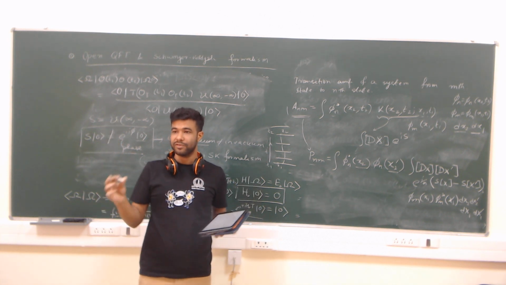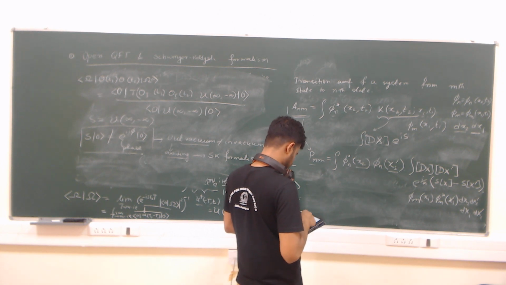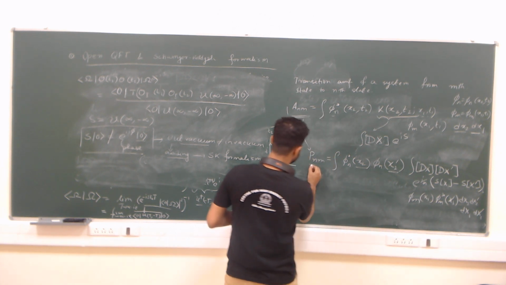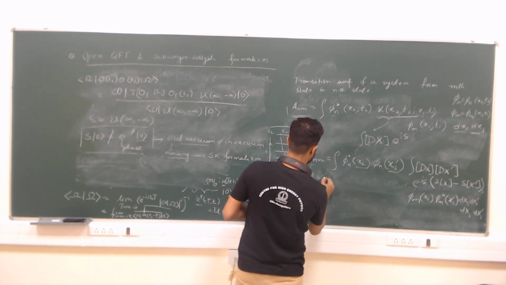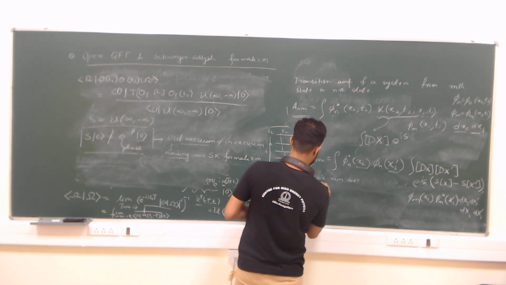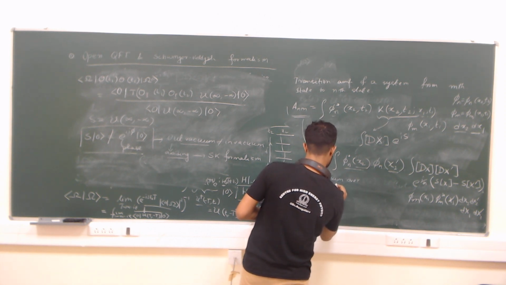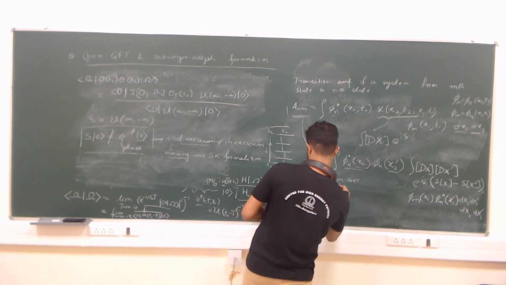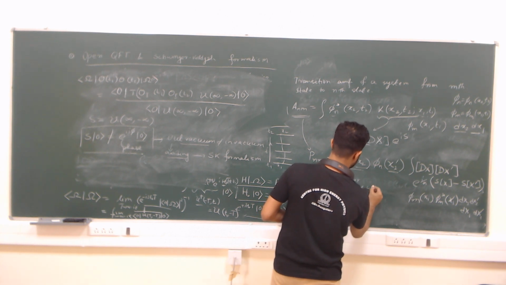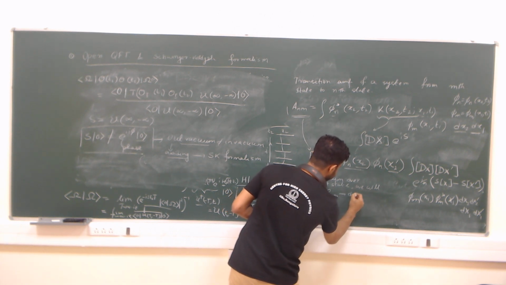Then for the probability you have to take psi star psi. And the idea is, if we sum over the out states, which are these phi n's, we will get rho n, which are density matrix elements.